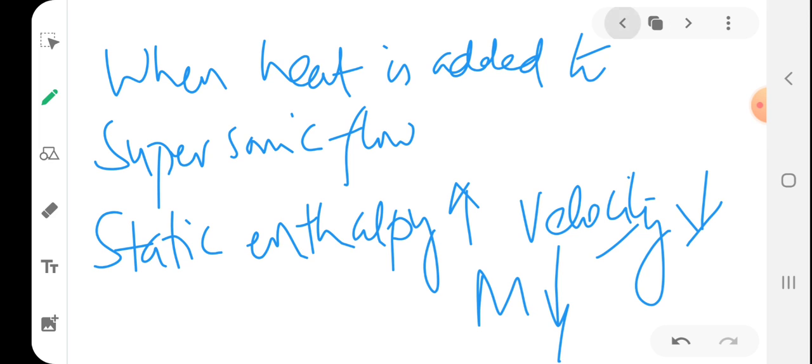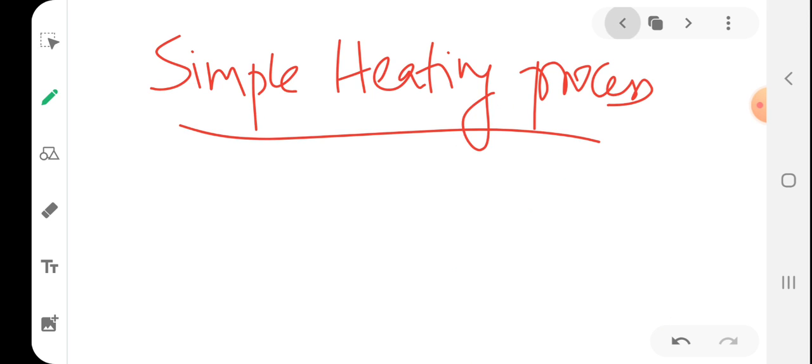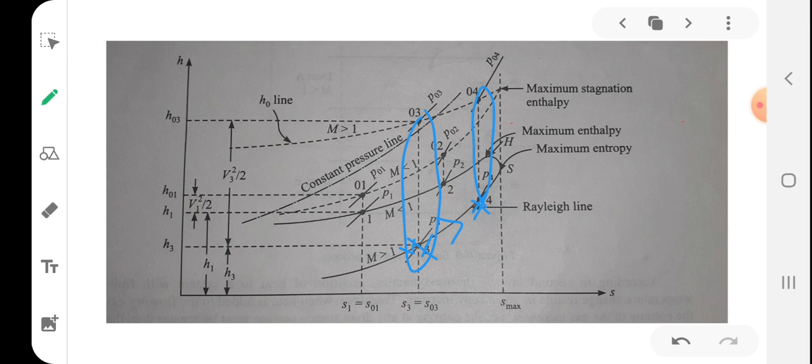Similarly, for a subsonic inlet, corresponding to the upper portion of the Rayleigh line, due to heating the state point shifts from left to right, towards the right. So there is an increase in static enthalpy up to the maximum static enthalpy. And what happens to velocity?